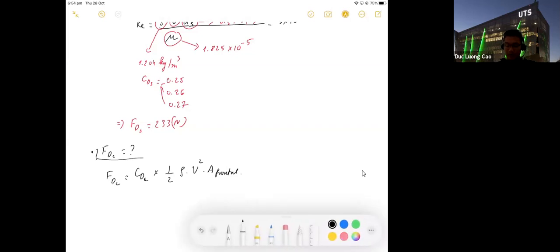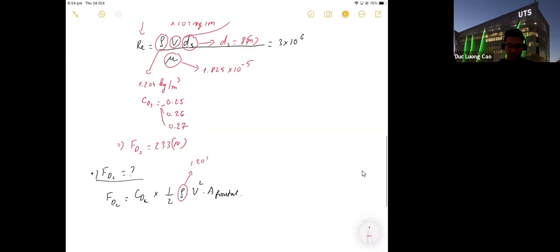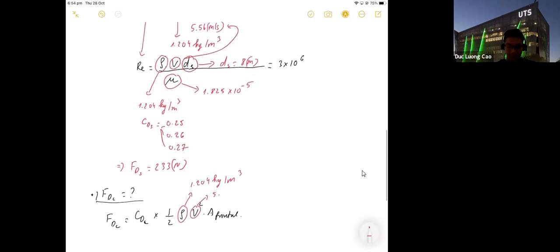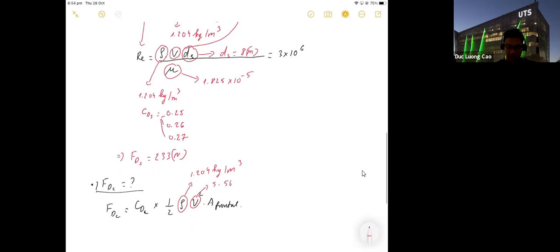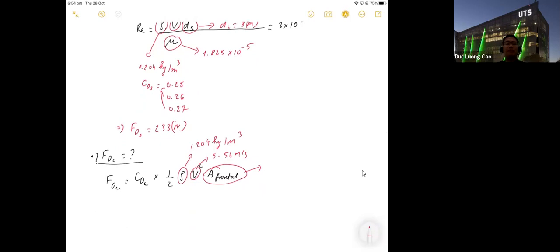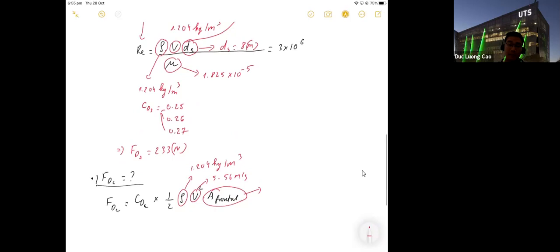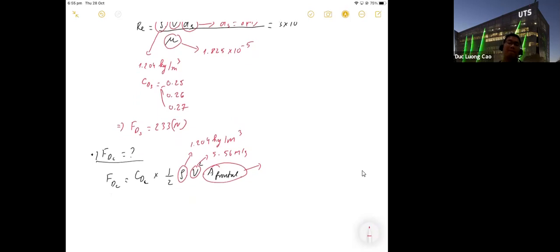This one is similar to the sphere. The density we have got already, 1.204 kilogram per meter cube. Velocity is similar, 5.56 meter per second. How about the frontal area? The frontal area of the cylinder, similar to lab 2.